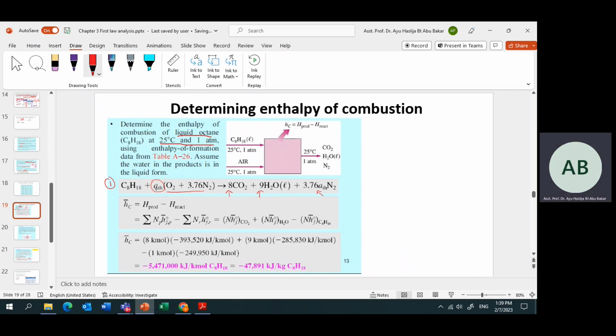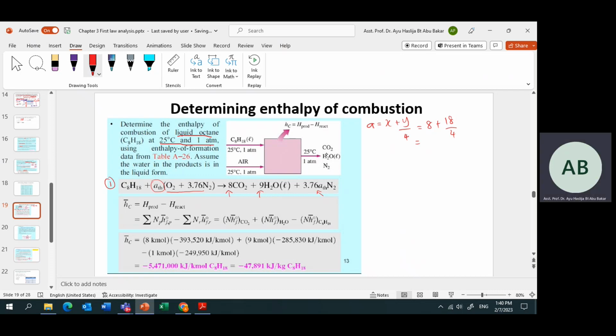Now, how to get this A? Ibrahim, how to get this A? X is 8 plus Y 18 over 4.